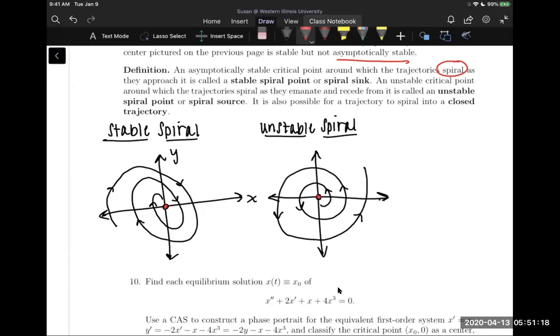And this last one we're going to talk about is a closed trajectory. So it's possible for a trajectory to spiral into a closed trajectory and essentially get stuck. So let's take a look at what that's going to look like. We'll sneak in here a closed trajectory.